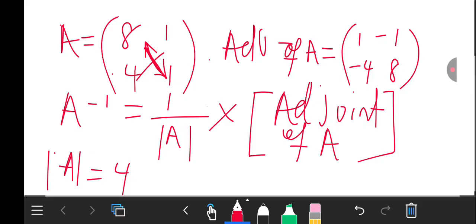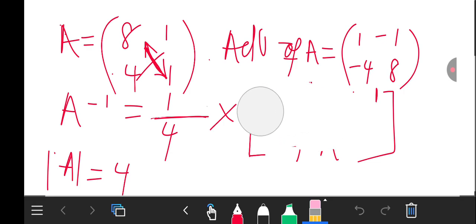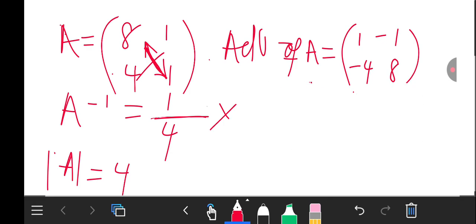That is how you find the adjoint. You can now substitute in the formula. The determinant is 4, so we put a 4 there. The adjoint matrix is 1, negative 1, negative 4, and 8.